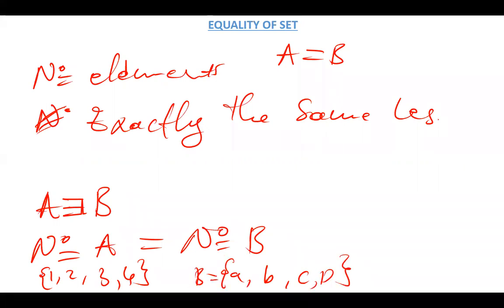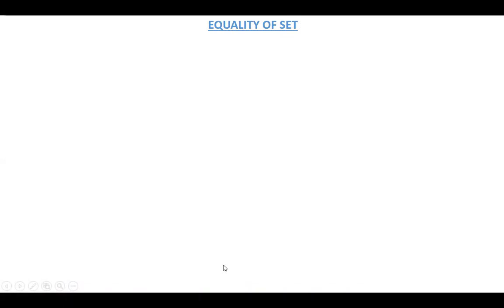So if set B and set A have the same number of elements, we say these two sets are equivalent, but they are not equal, in the sense that the elements are different. For them to be equal, the elements should also be the same. That's what it means when we talk about equal and equivalent sets.